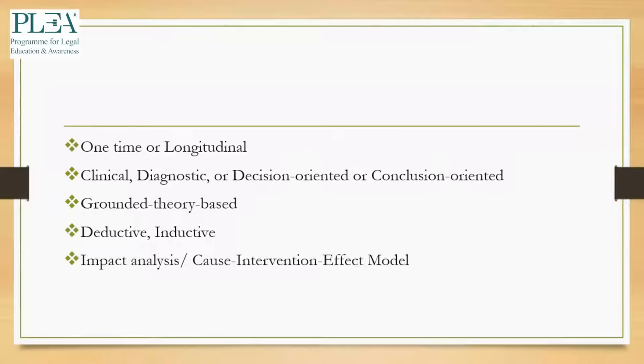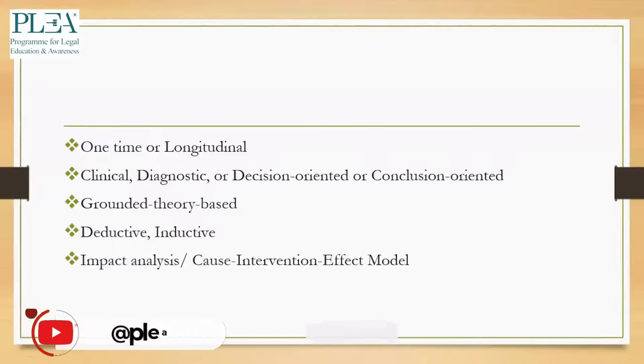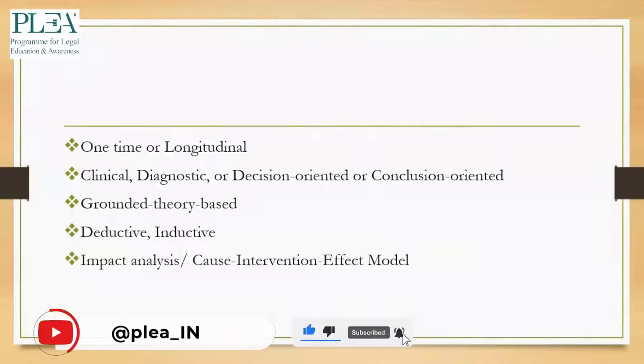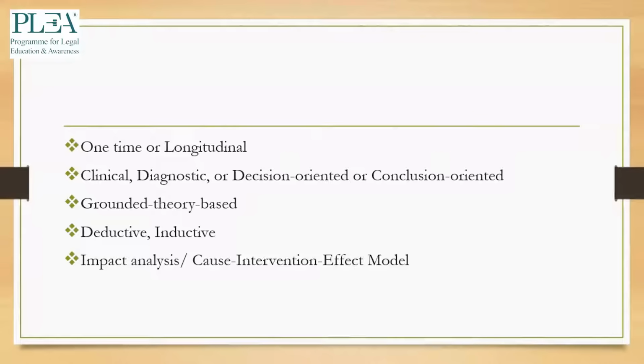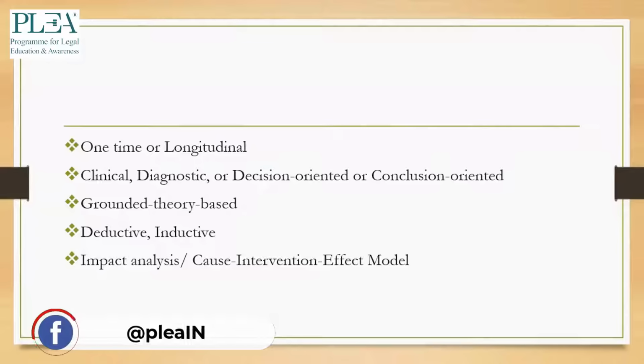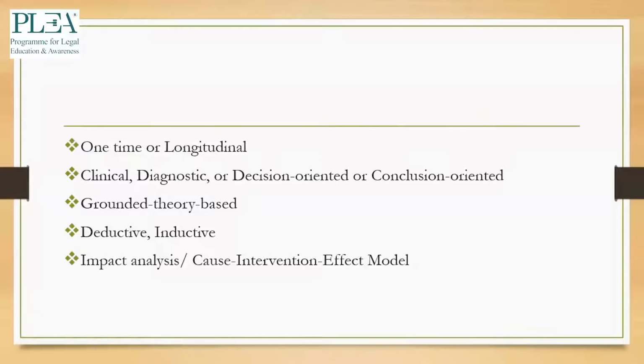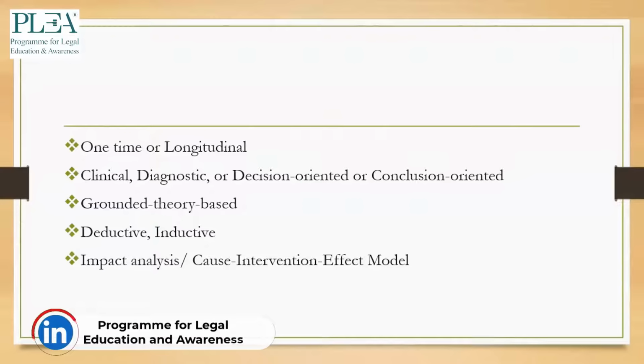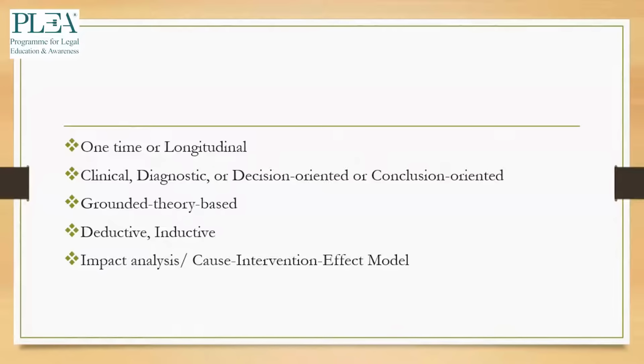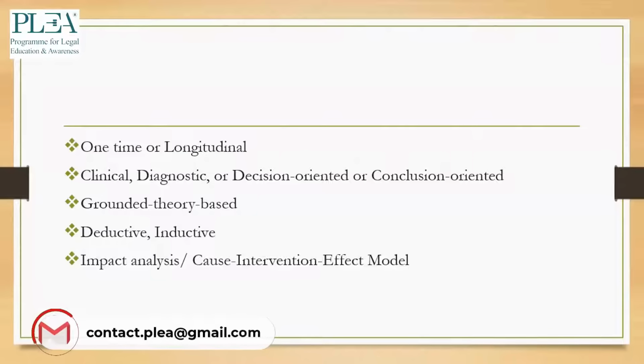Accordingly, you can combine even 2 or 3 out of these different methods. You can take empirical quantitative or empirical qualitative or descriptive in some part and longitudinal in some other, along with quantitative. So you can choose any of these and combine and do whatever does justice with your research problem. Impact analysis, cause effect model, cause intervention effect model, that is another one.